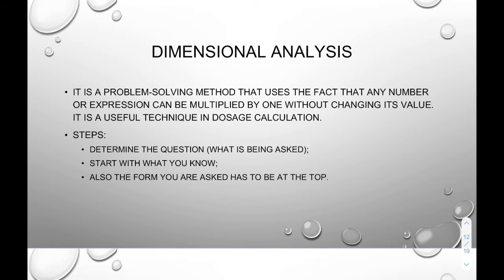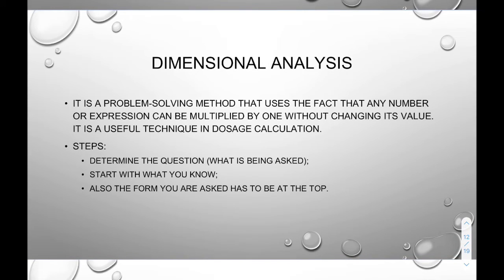Then dimensional analysis. It's a problem-solving method that uses the fact that any number or expression can be multiplied by 1 without changing its value. This is a very useful technique in dosage calculations.